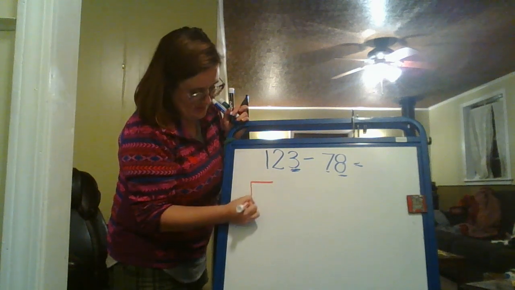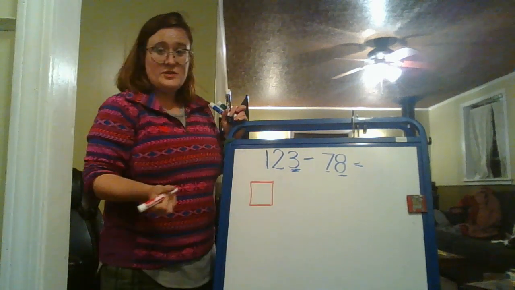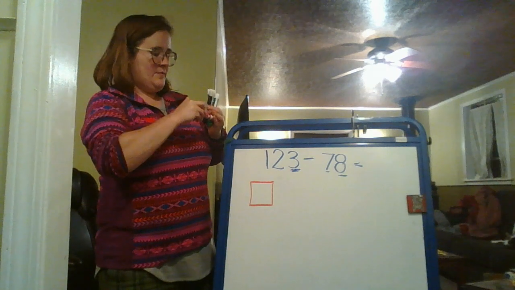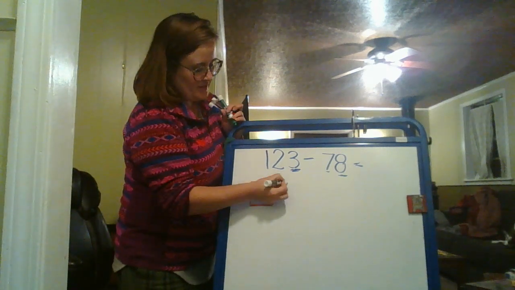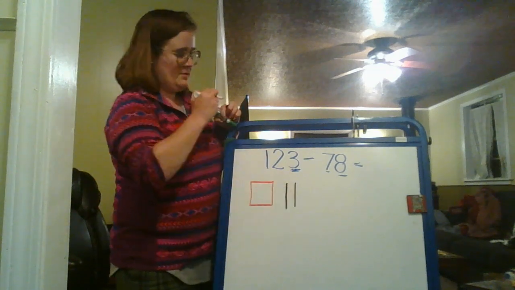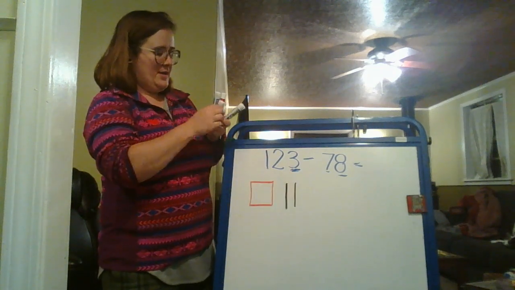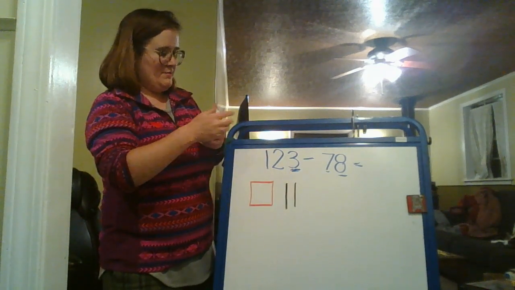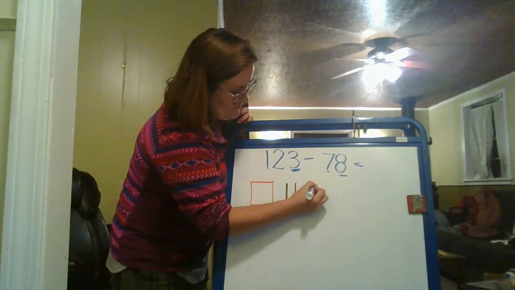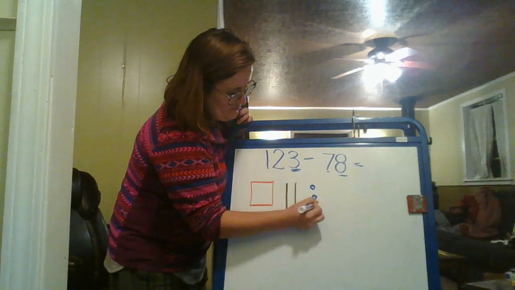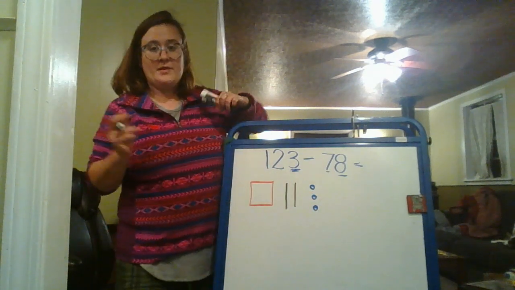Here's a hundreds cube. I'm going to kind of color code for you. I think it might help. My 2 tens and my 3 ones. Okay.